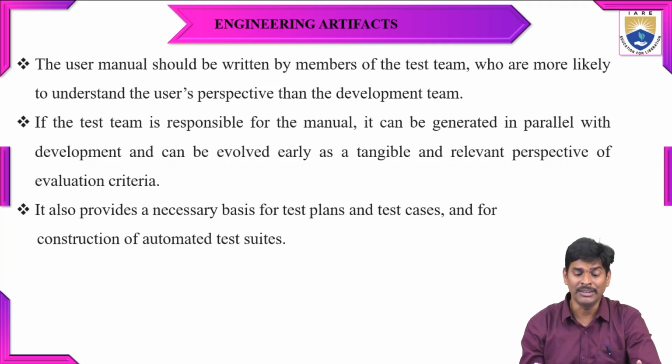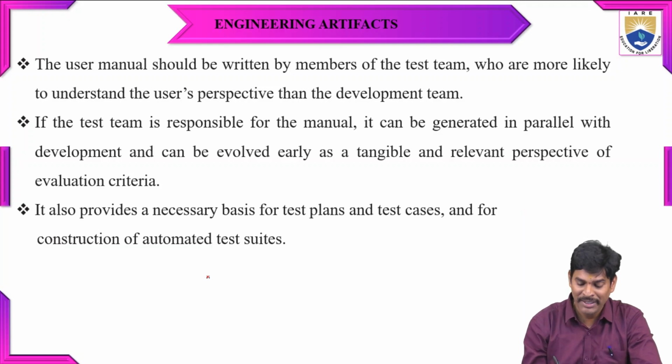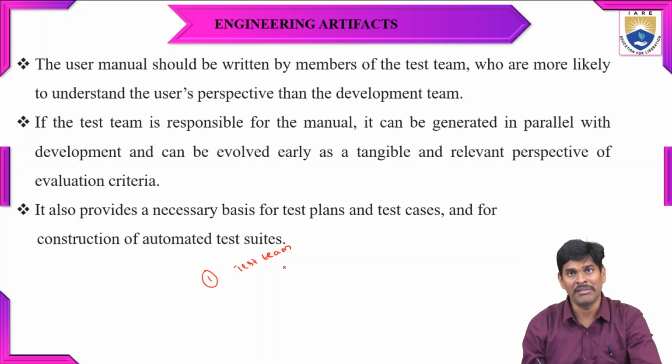And here the user manual should be written by members of the test team. Why can the test team write the user manual? Because initially the test team will be checking the different types of bugs that occur.